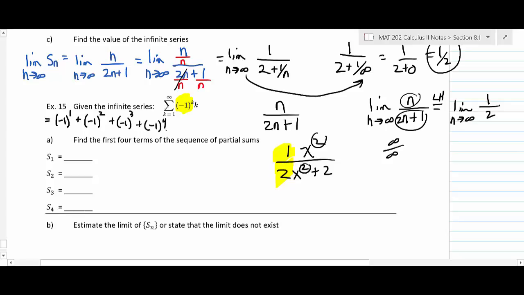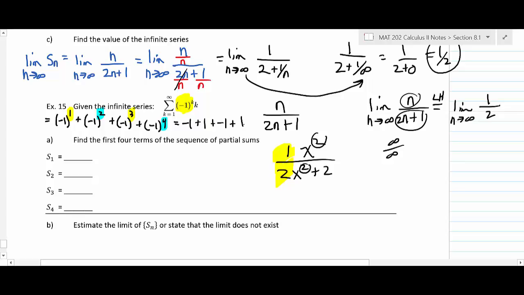It's going to alternate, because anytime you have an odd exponent, that's going to be -1, and anytime you have an even exponent, that's going to be +1. So the series is going to go -1 plus 1, plus -1, plus 1, and so forth forever and ever.